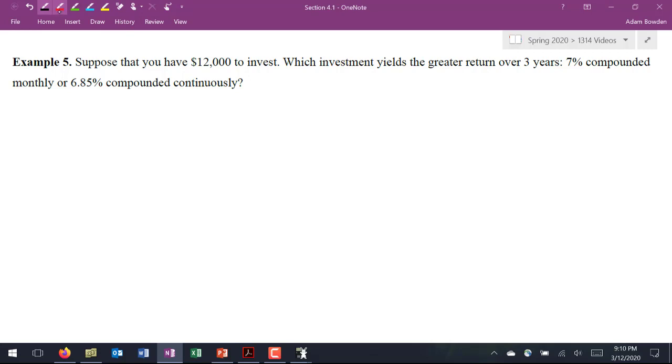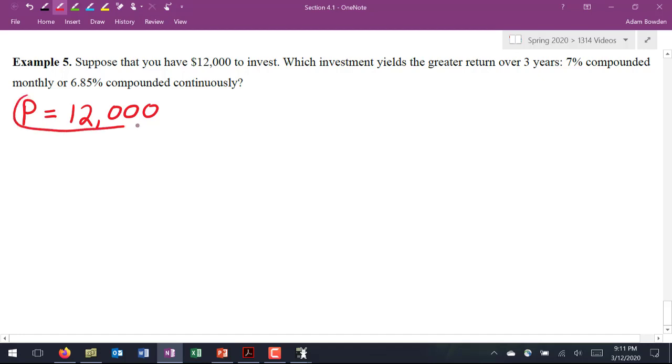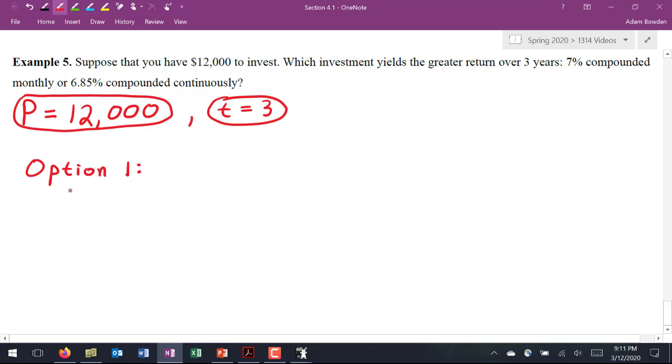So what we're going to do here is start with the principal. That's the $12,000 to invest. Now, we do know the amount of time that we're dealing with here is 3 years, so that's going to be the letter T, T for time. So T is going to be 3. Now, for the first option, option 1, it's compounded monthly.